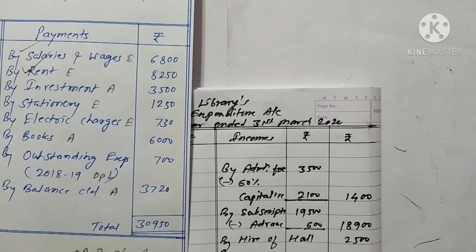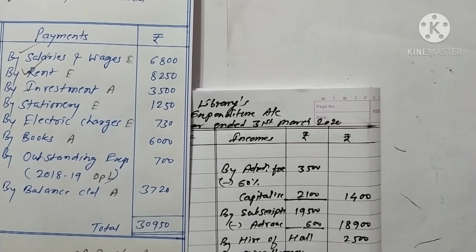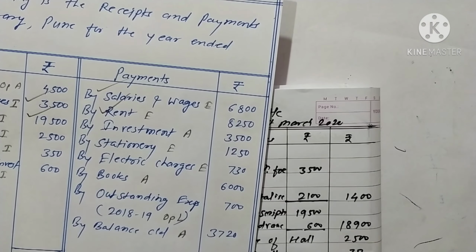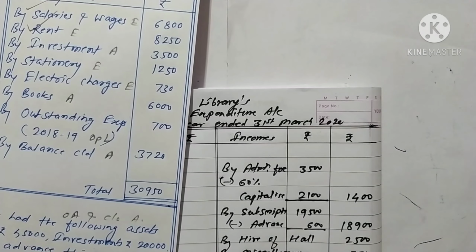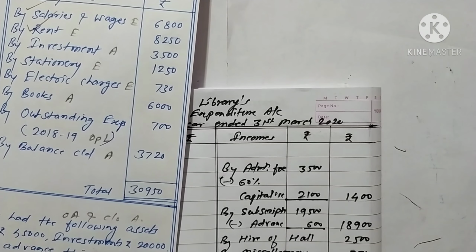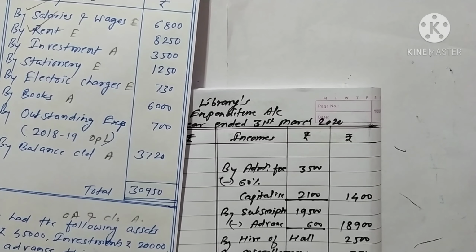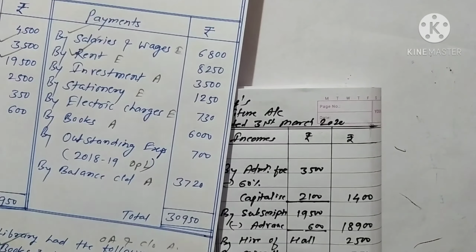It is a sundry income, rupees 350. Next is interest on investment, rupees 600.